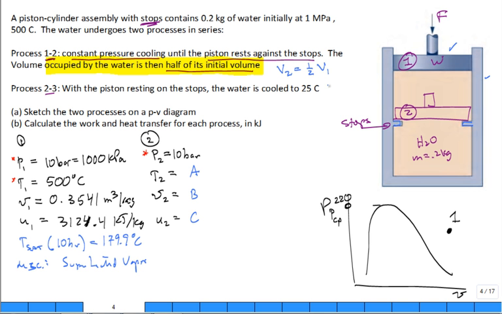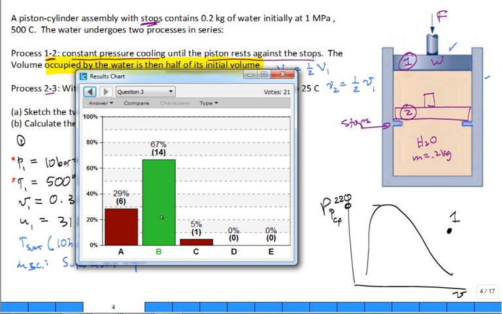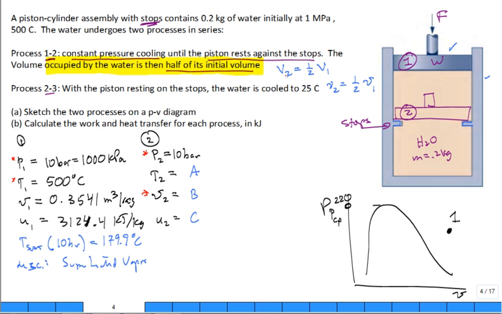The mass didn't change, it's a closed system. So the specific volume at state 2 is 1/2 the specific volume at state 1. That's our second property that we can determine just by reading the problem statement: this v2 is now 1/2 of 0.3541, which is 0.1771 meters cubed per kilogram.